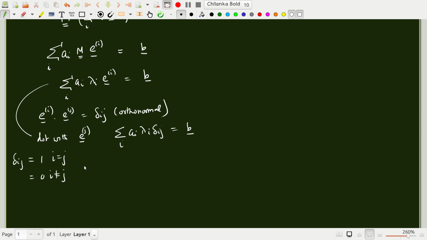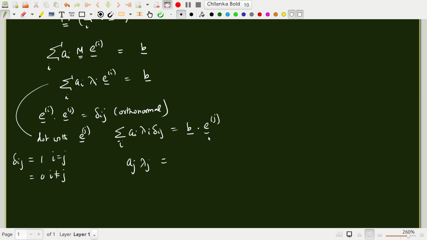Here i is the running index and j is the fixed index. So whenever i equals j, this will give you 1, otherwise it will give you 0. So this will simply give me aj lambda j on the left side.